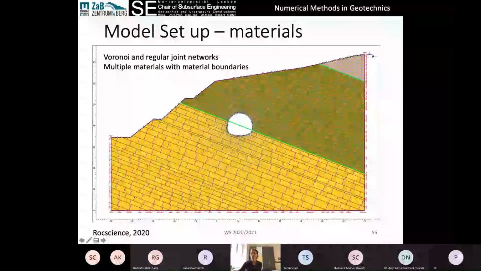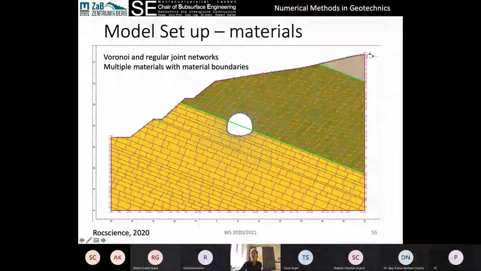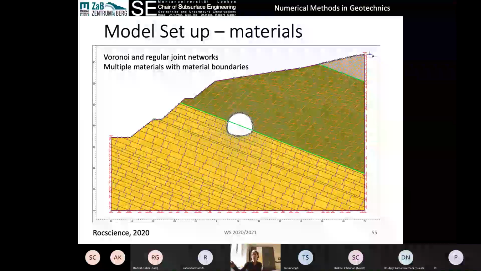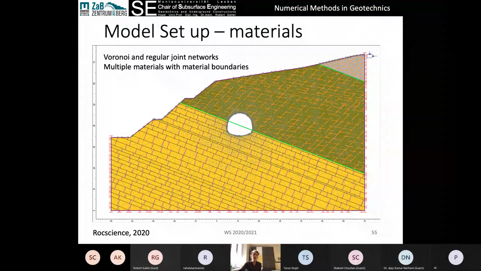You need a hybrid code for that. But it still gives us a good method for taking into consideration discrete joints. Now, of course, if we don't want to be taking into consideration discrete joints, there are continuum methods for parameterizing a jointed rock mass, for example, the generalized Hoek-Brown failure criterion and the geological strength index.